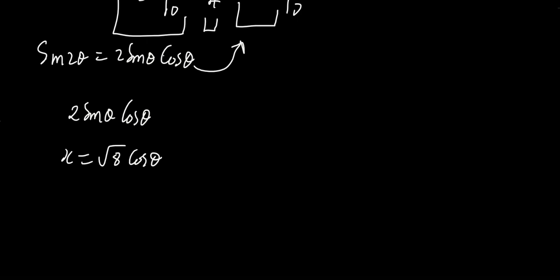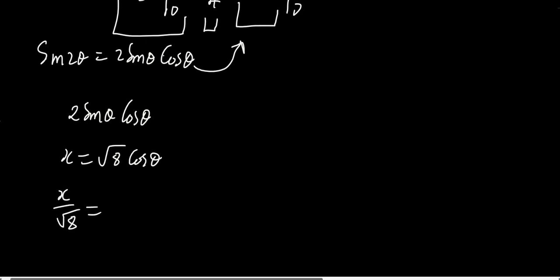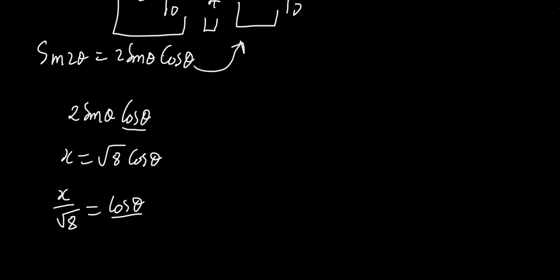So this means that x all over the square root of 8 to be equals to cos theta. We have our value of cos theta. We can easily substitute it here in terms of x. But the problem is we do not have our value for sine theta. How then are we going to get this value, which is the main thing?